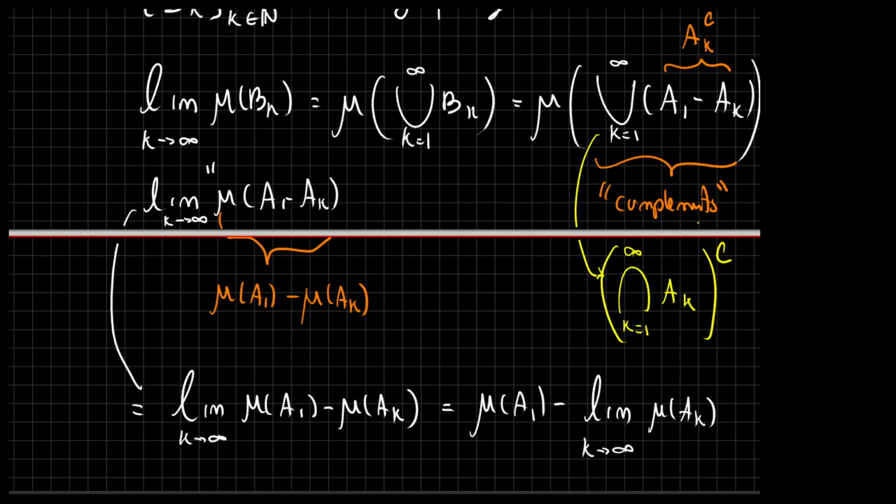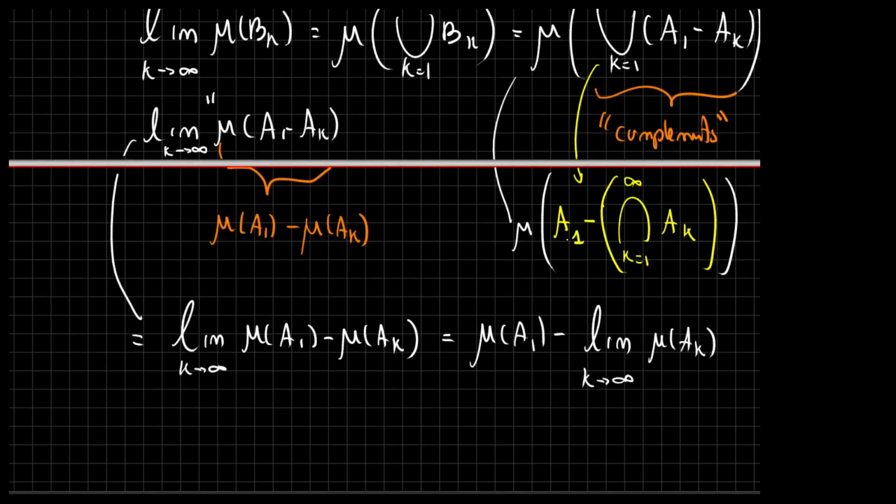But the complement was subtracting A1 from this here. So we're subtracting our space out of this thing here. So this is equal to the measure of this.